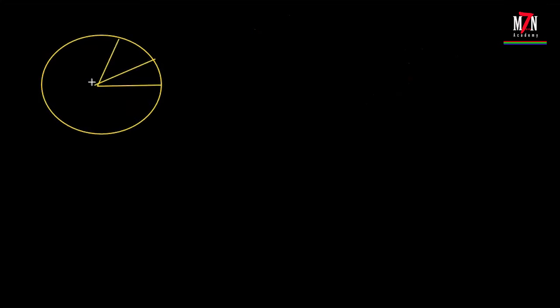For example, we can have a circle of radius 2 centimeters, with the center point O. Each arc is 2 centimeters, and the radius is also 2 centimeters.